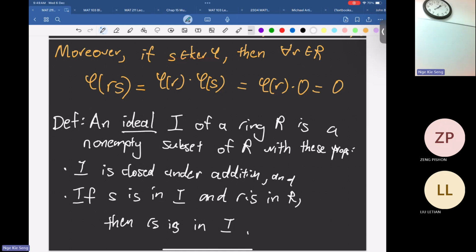Just now the kernel was closed under multiplication, so why didn't I mention that? Nothing goes to zero here. This is just a definition of a set. Why didn't I say I has to be closed under multiplication?